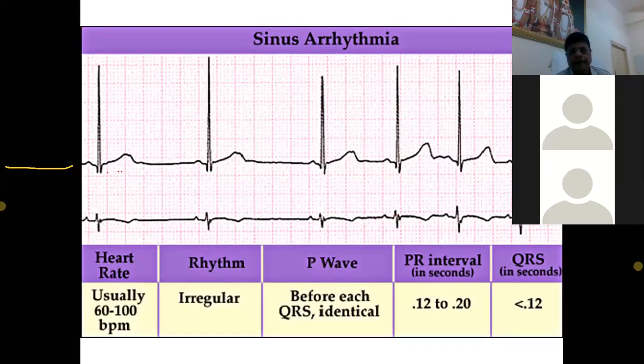So there is greater filling of the atrium. Increase in intrathoracic negative suction pressure, greater filling of the atria. There is something called the Bainbridge effect.